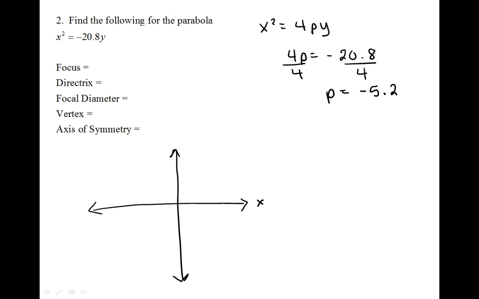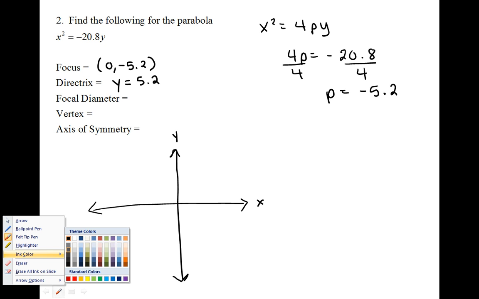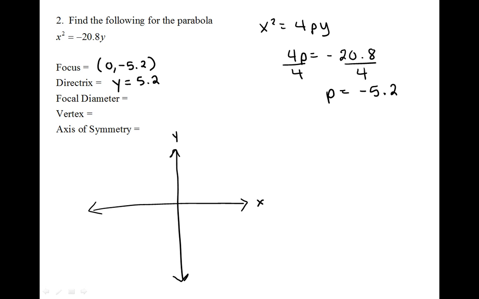Here's x, here's y. So your focus will be at 0, negative 5.2, which means your directrix will be at y equals the opposite of that, which would be y equals 5.2. So what we'll have is you're down here, let's say this is down 5.2.